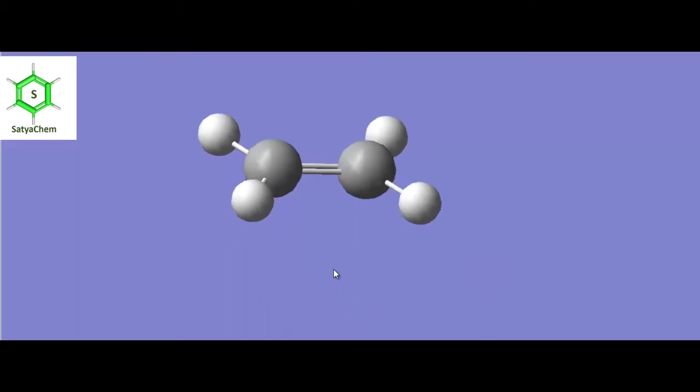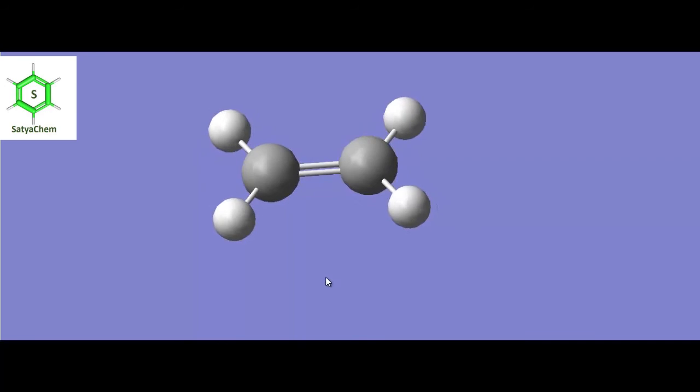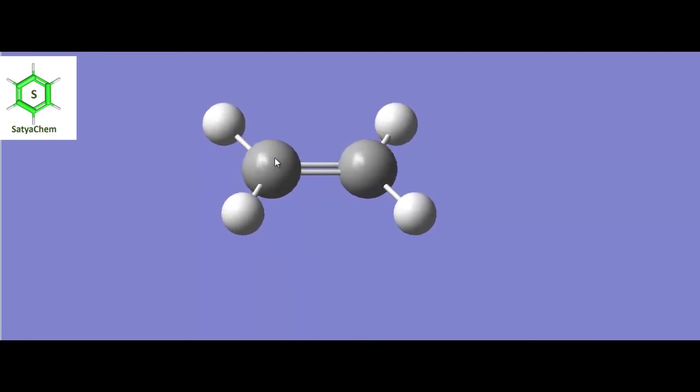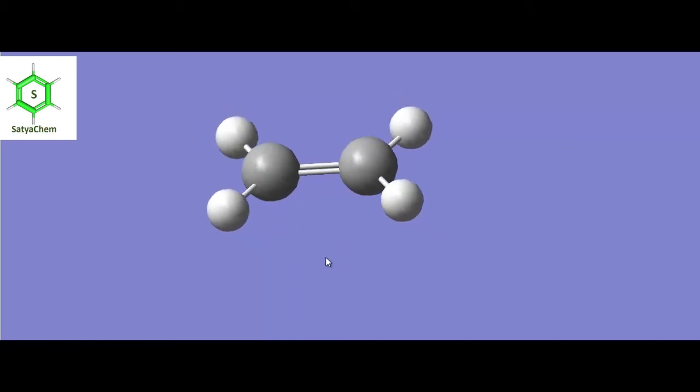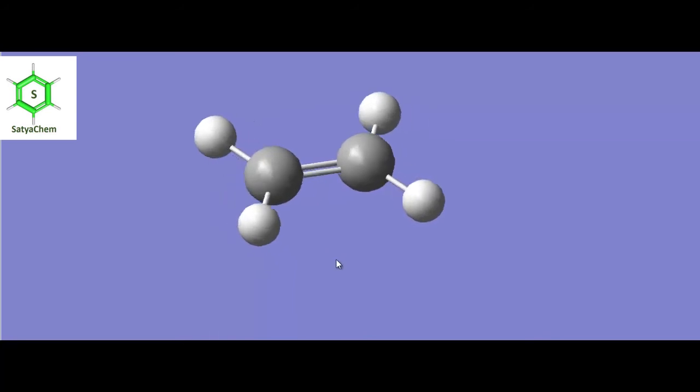See, this is the three-dimensional view of ethylene. This is carbon, and these four are hydrogen. Okay, so I think you have understood.